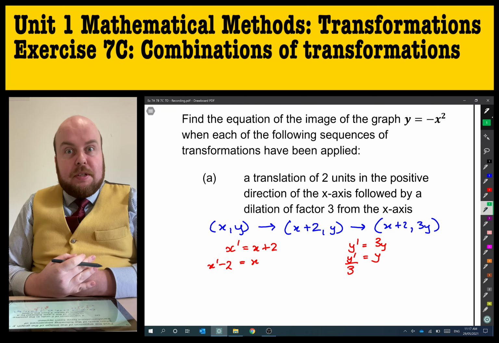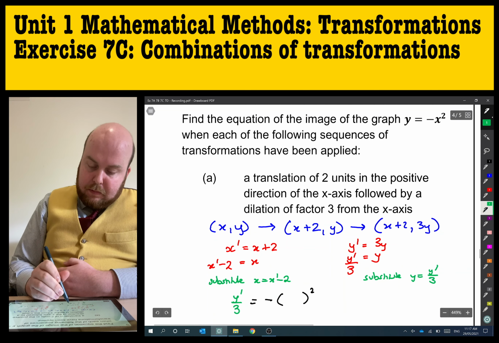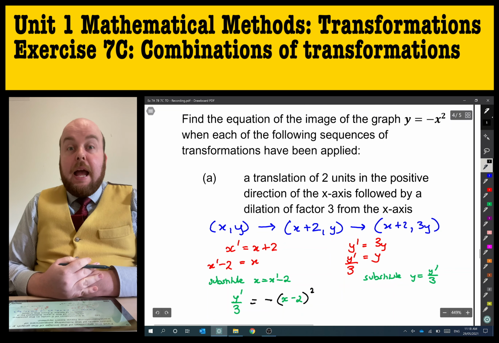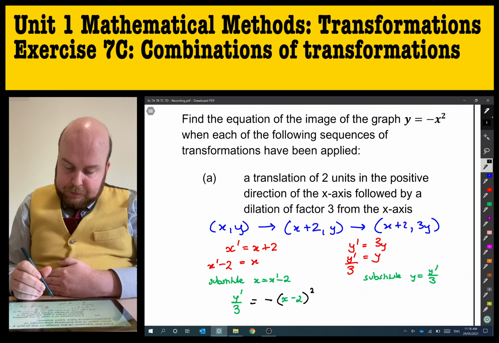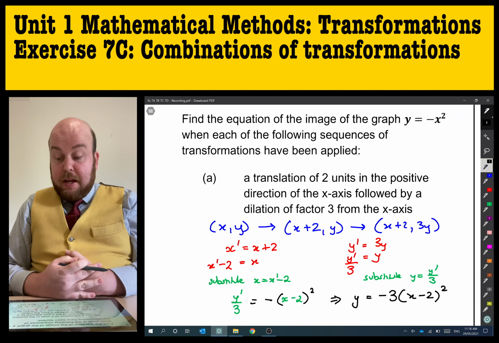Then I'm going to do a substitution, and then write my final equation. Y equals negative 3, brackets x minus 2 squared.